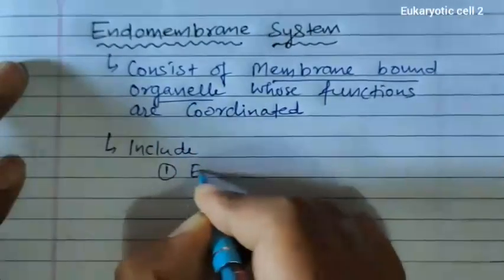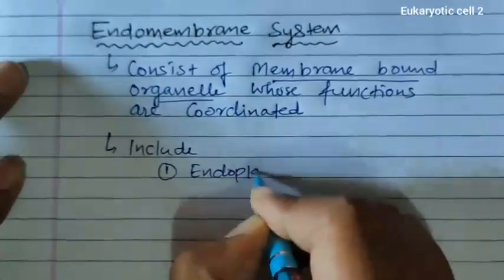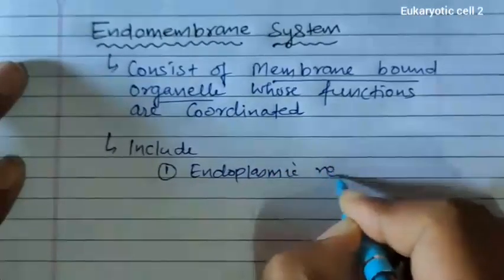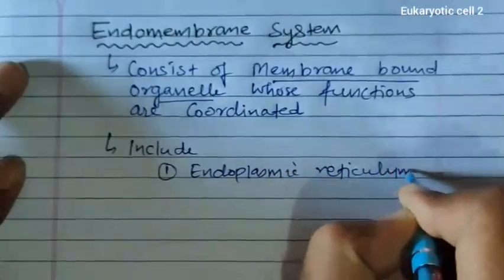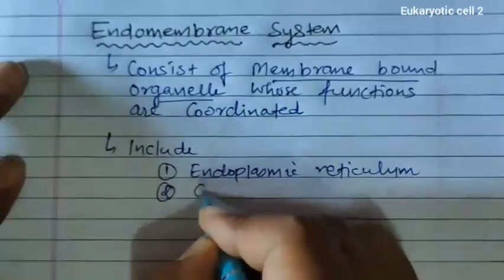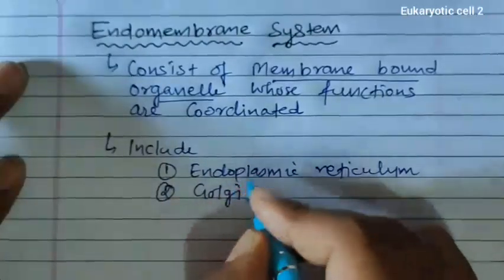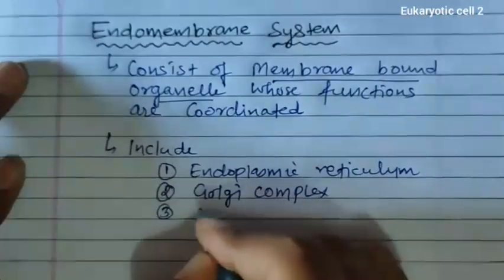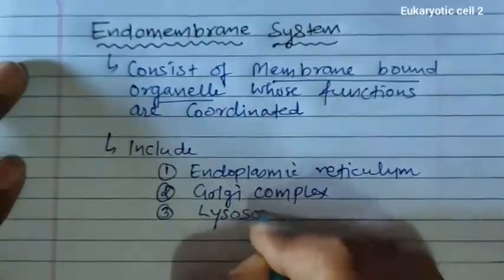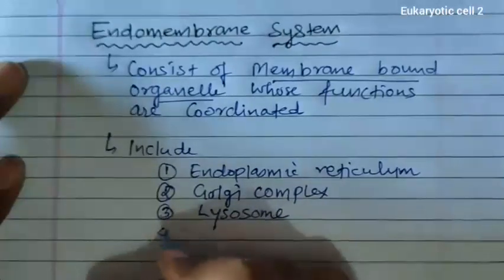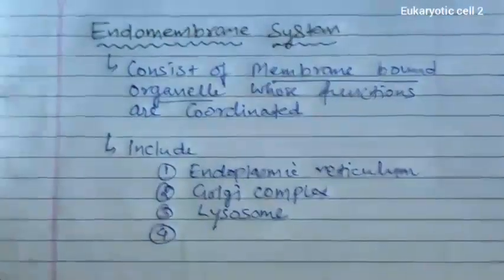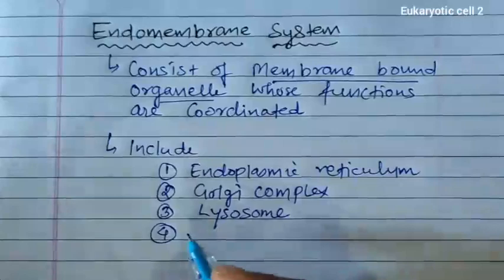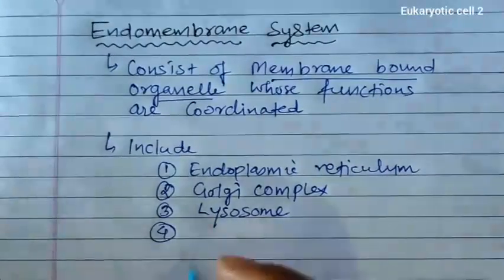number 1, endoplasmic reticulum, number 2, Golgi complex or Golgi apparatus, number 3, lysosome, and number 4, that is vacuole.